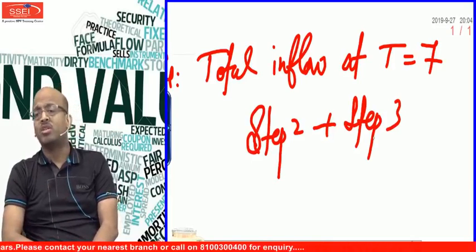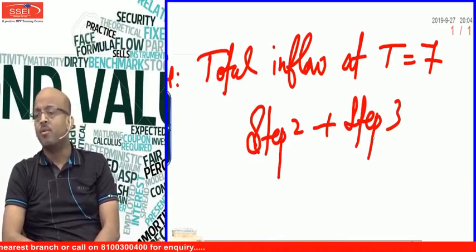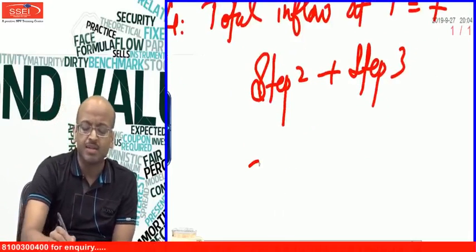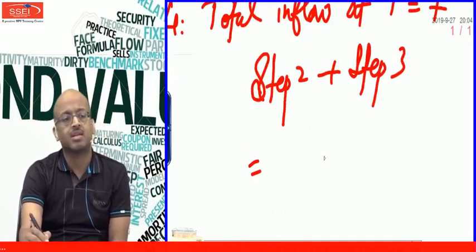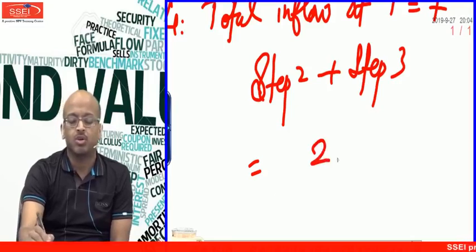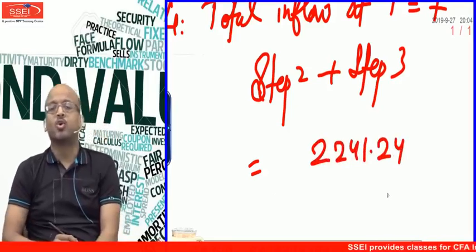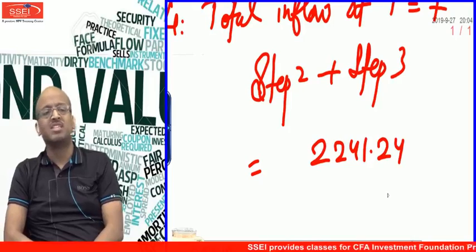All the money we got in the first, second, third year, we went on reinvesting, that was step 2. And we sold the bond, that was step 3. Whatever total money we got, please add and tell me. 2241.24. Story over. We got 2241.24 after 7 years.